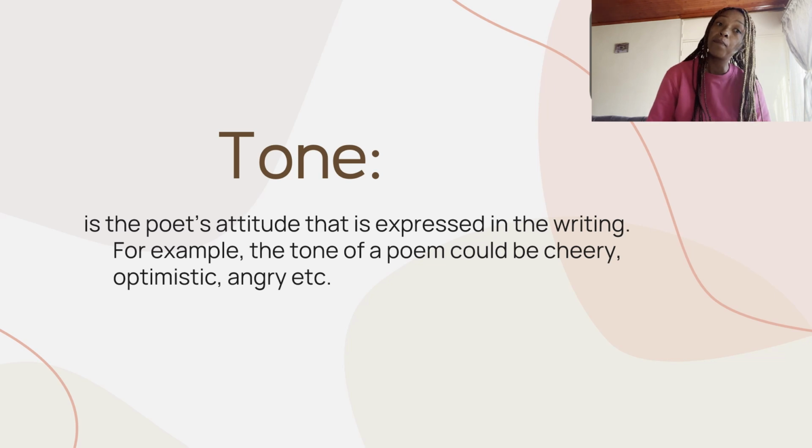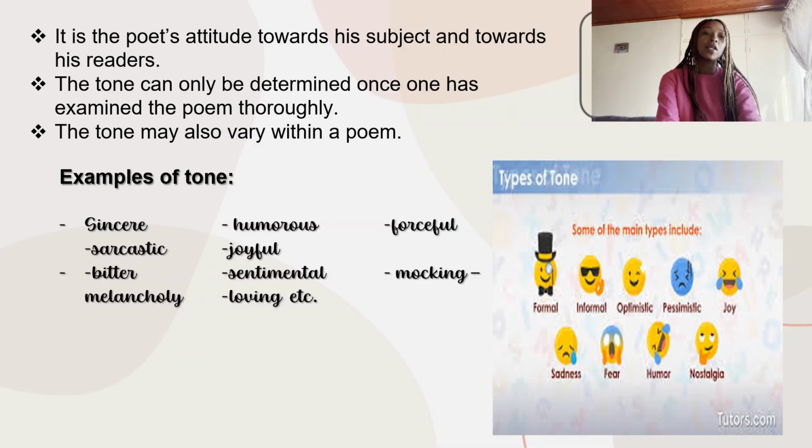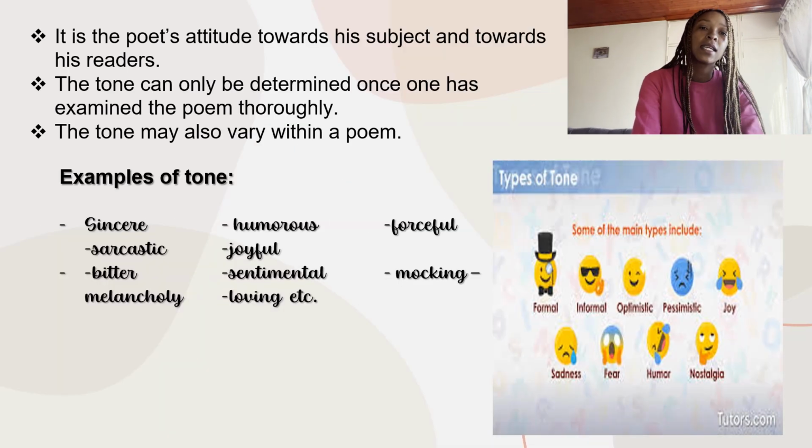Please make sure you learn many terms, because we find that many of the grade 10s to 11s and 12s usually just like to focus on happy and sad. They need to get the other descriptive words as well. So the tone is the poet's attitude. It is the poet's attitude towards his subject and towards his readers.